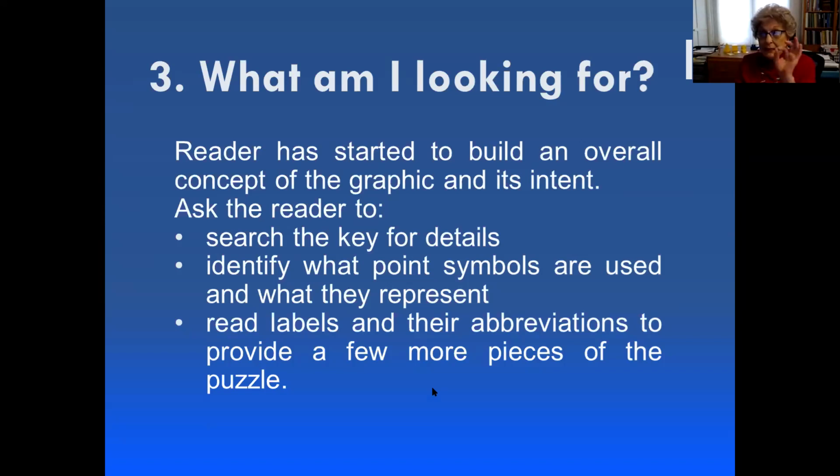The kids that I worked with all went through the same kind of process, regardless of whether they were doing it independently or whether they were discussing with me along the way. So the readers started to build up an overall concept of the graphic and what's in the graphic. And then you ask them to look for details in the key, to figure out what the point symbols are and what they represent, to read labels and their abbreviations.